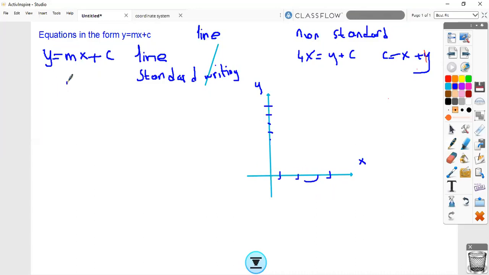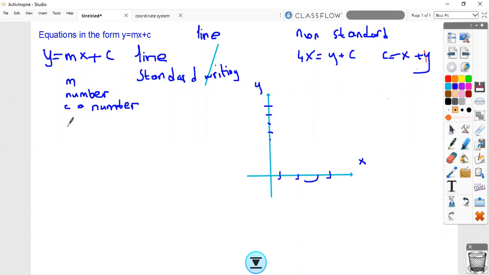M is a number, and c is also a number. Now we learned what it means. Y on the y-axis can be any value. X on the x-axis can be any value. M is a number and c is also a number.